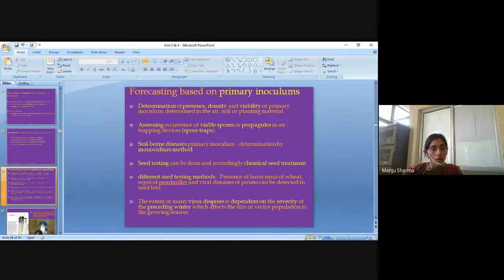And the extent of many virus diseases is dependent on the severity of the preceding winter, which affects the size of the vector population in the growing season.